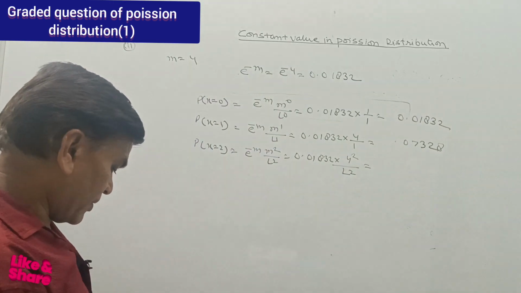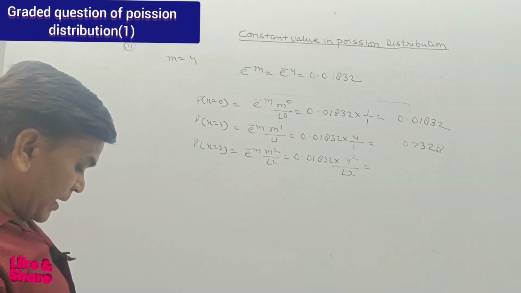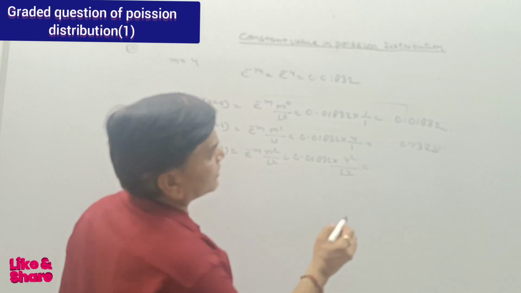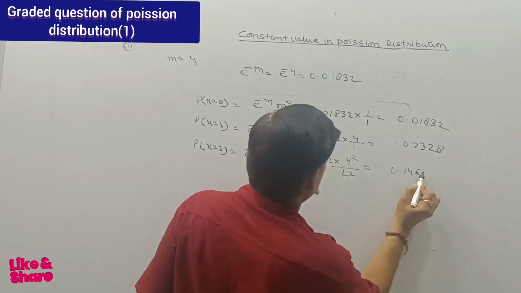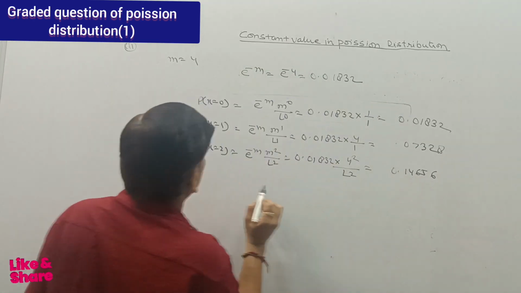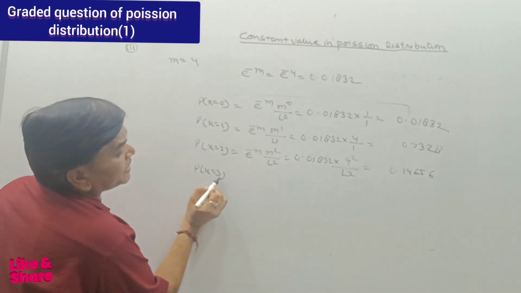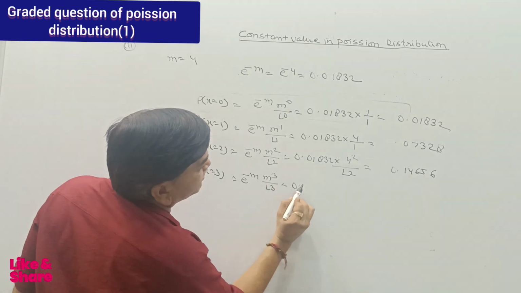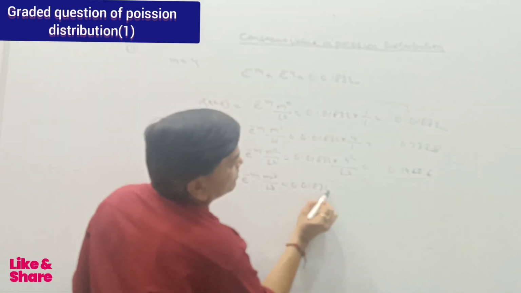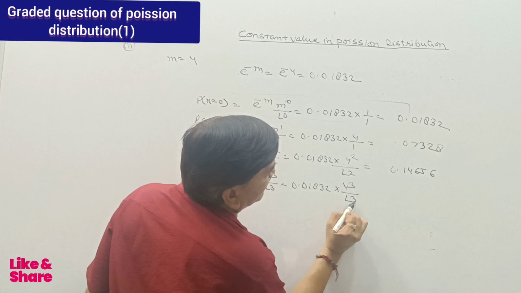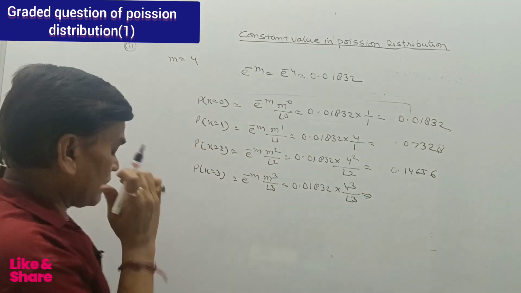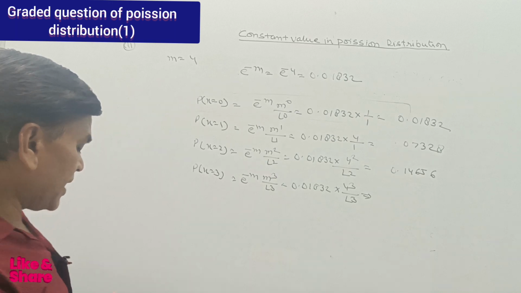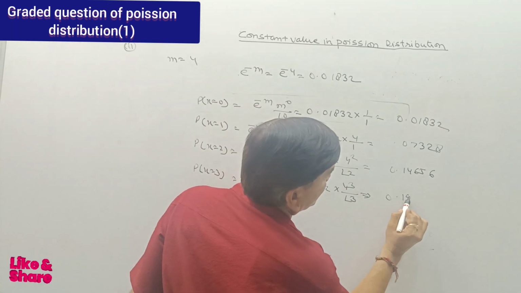Multiplying by 4 and dividing by 2 gives 0.1465. P(x=3) is e raised to power minus m, m raised to power 3 upon factorial 3, so 0.01832 multiplied by 4 raised to power 3 divided by factorial 3. Multiplying by 4 and dividing by 3 gives 0.1954.